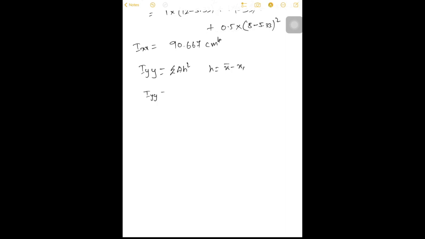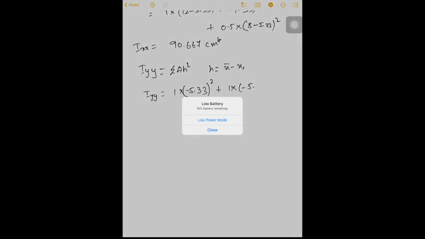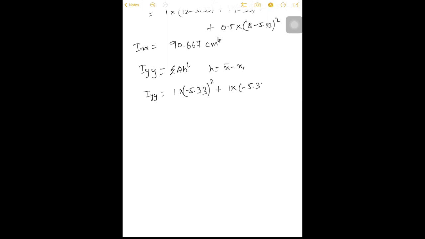Iyy equal to, for boom A, the area is 1 into the distance is 5.33, that is minus 5.33 whole square, plus for boom B, it is 1 centimeter into minus 5.33 whole square.